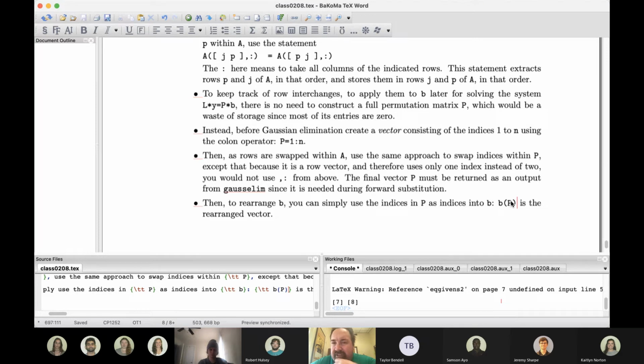And since P represents how the indices of the original rows were scrambled because of row interchanges, B will have those same row interchanges applied to it. So this vector, not the original B, is what you use in forward substitution.